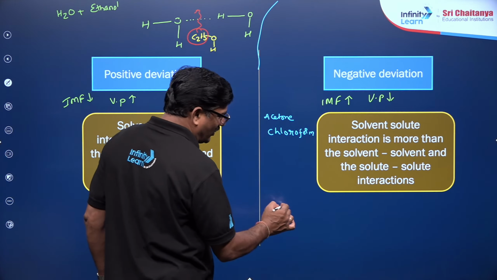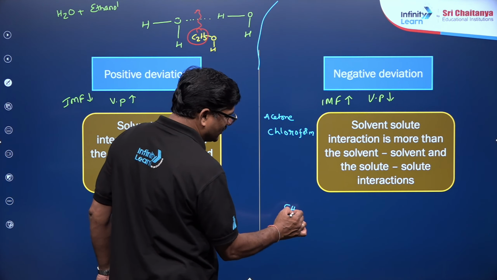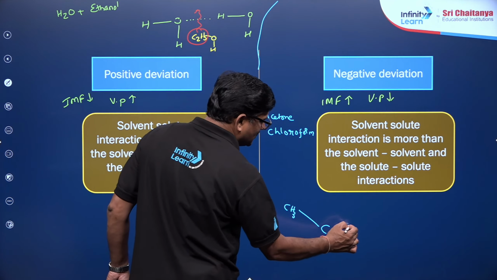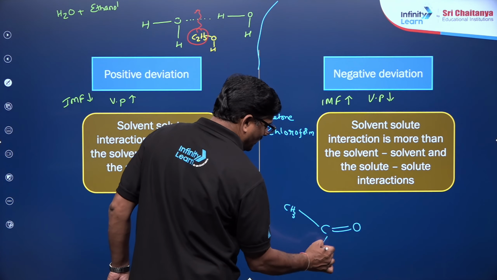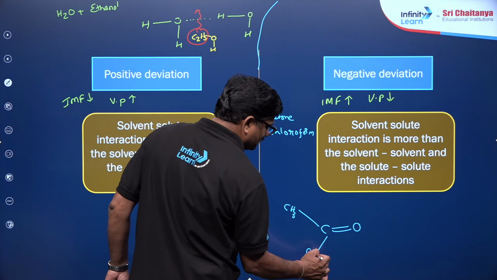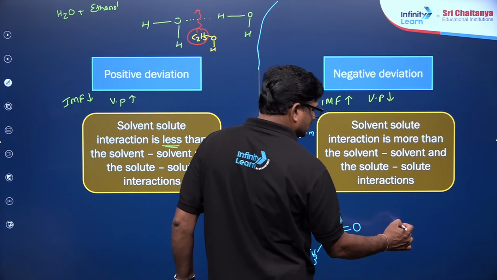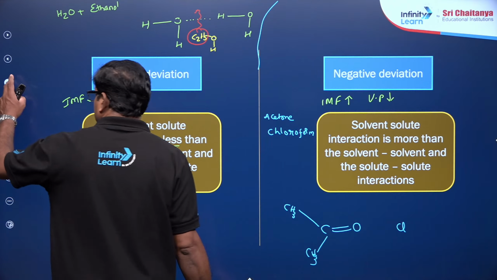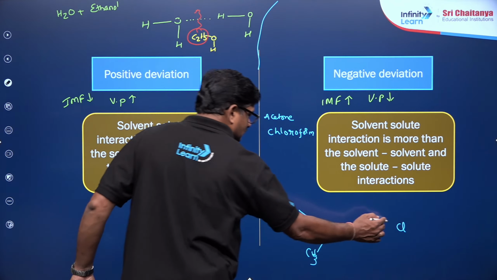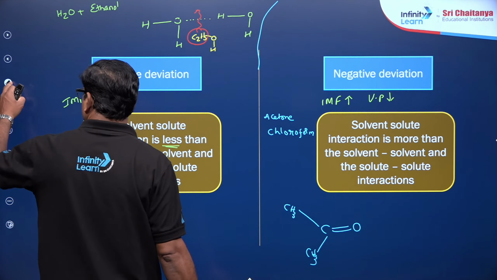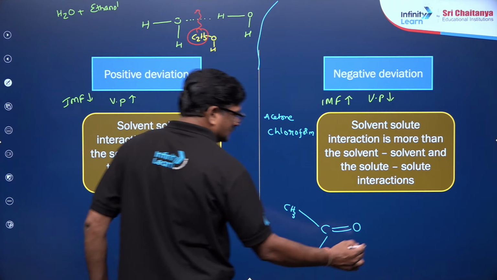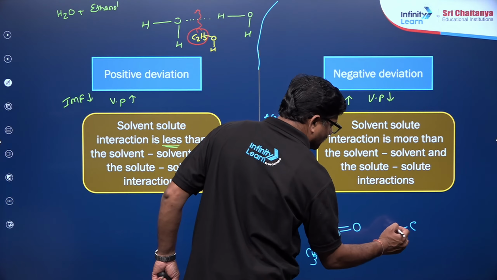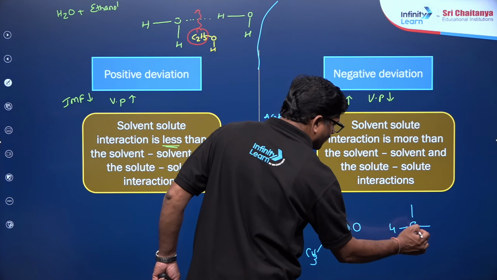So acetone does not have intermolecular hydrogen bonding: CH3, C double bond O, and CH3. And chloroform, Cl, carbon, hydrogen, chlorine and chlorine.